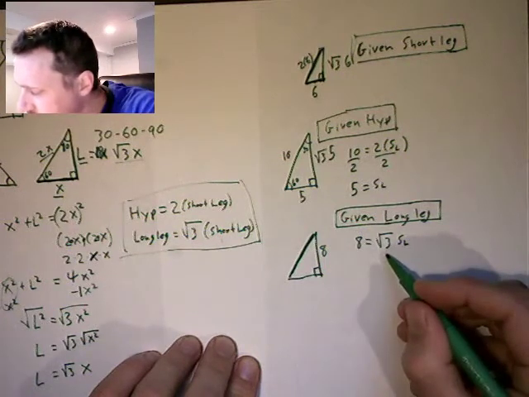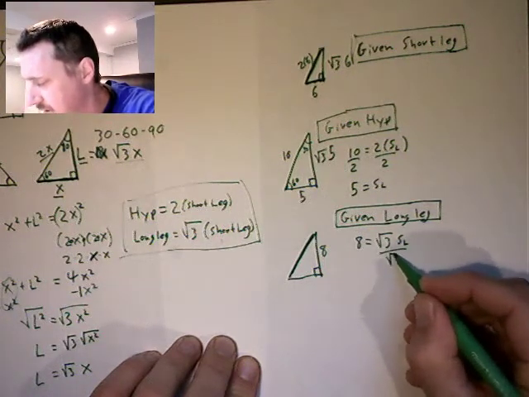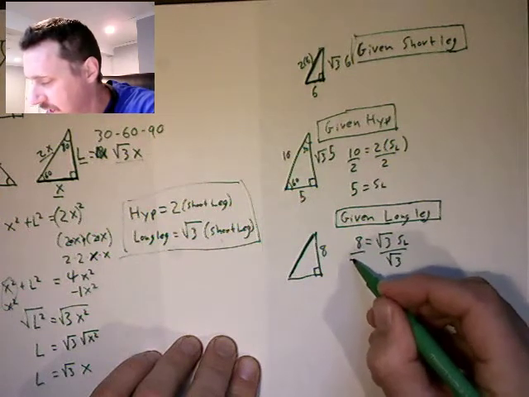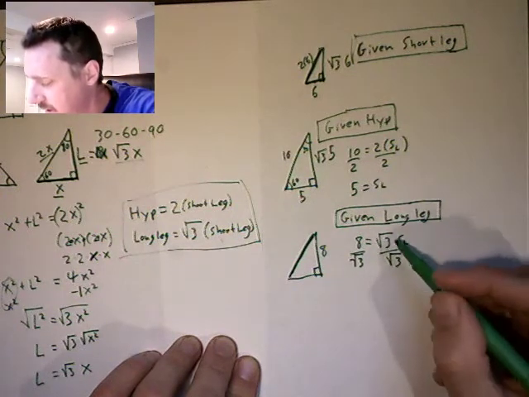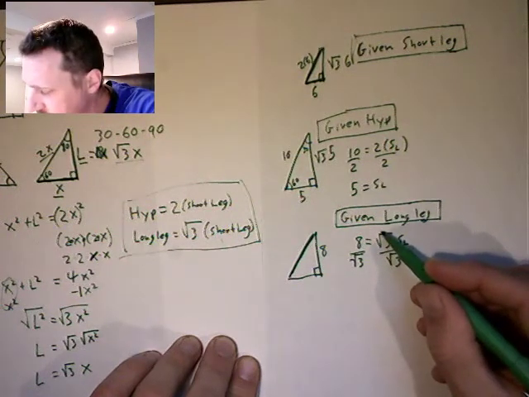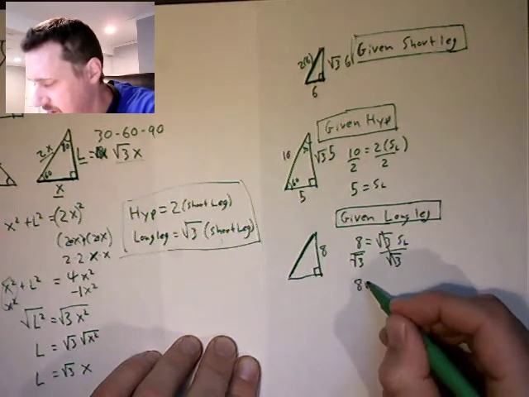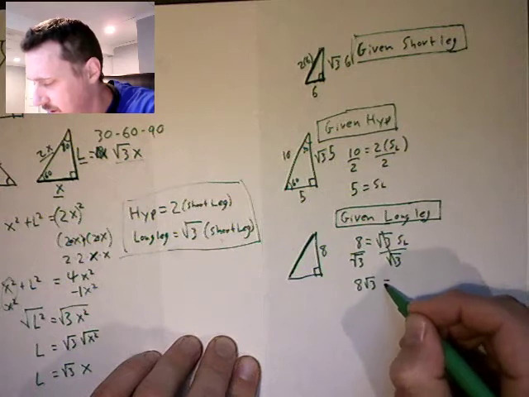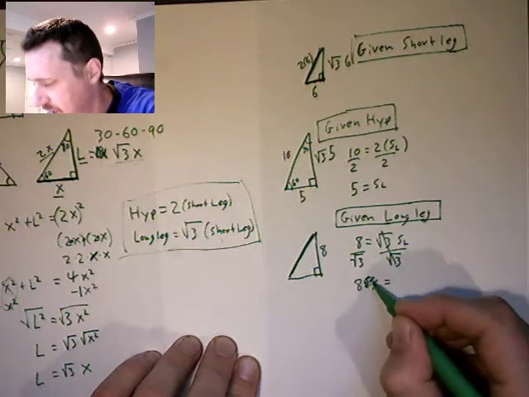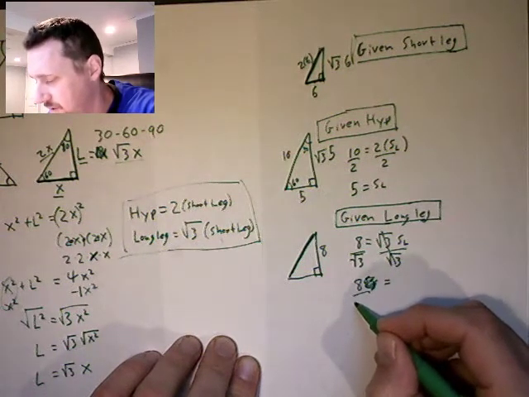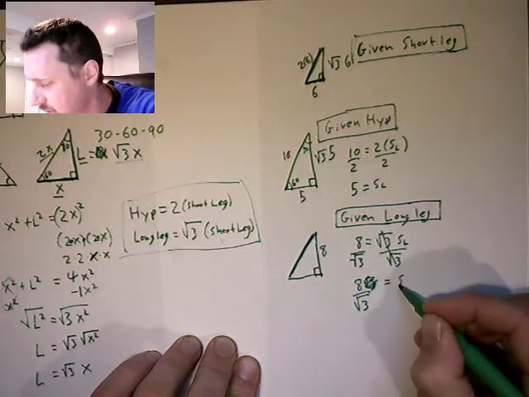And now I need to figure it out. So I need to divide by the square root of 3, divide by the square root of 3, and these cancel out. So I get 8 divided by the square root of 3 equals the short leg.